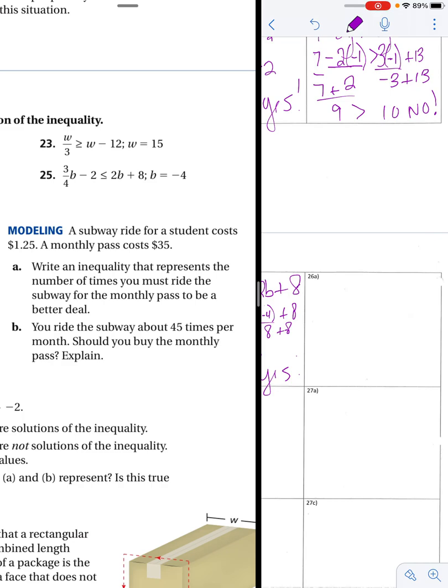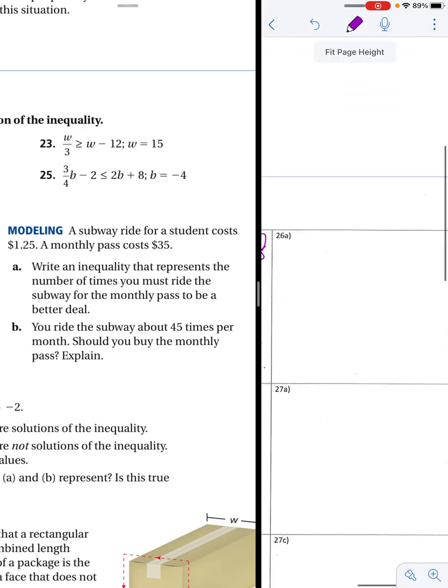For 26A, we are to write an inequality that represents the number of times you must ride the subway for the monthly pass to be a better deal. Okay, here's what we know. It's $1.25 per ride. Okay, so that's how we would show that. And we want it to be a better deal.